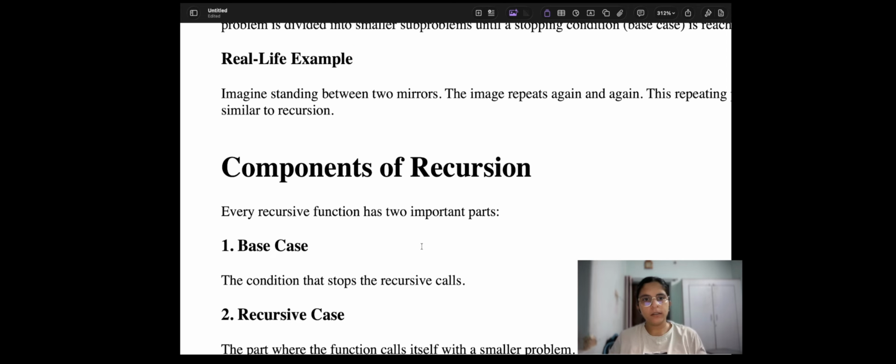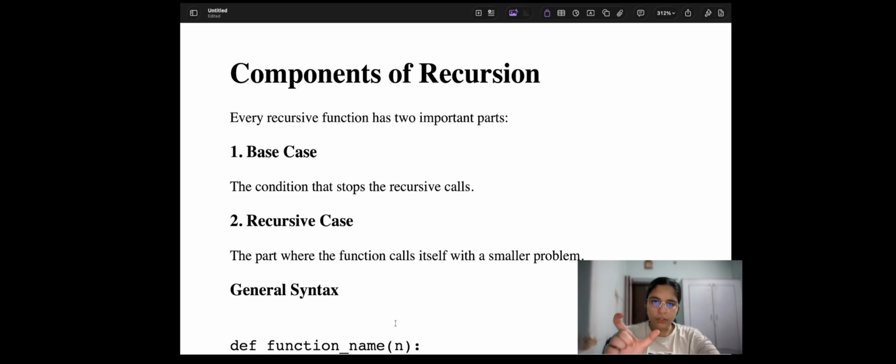After that, no more execution. Second is the recursive case, the part where the function calls itself with a smaller problem. We are going to discuss this in brief.